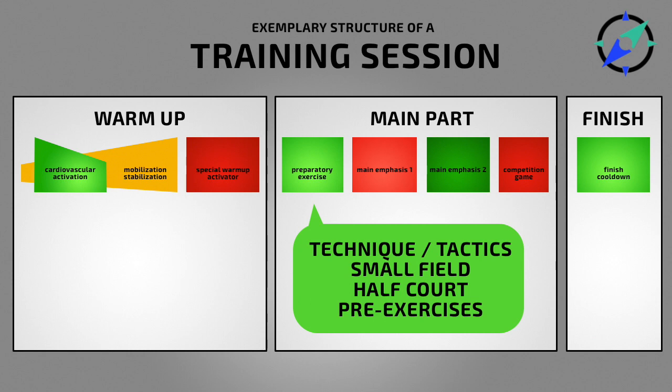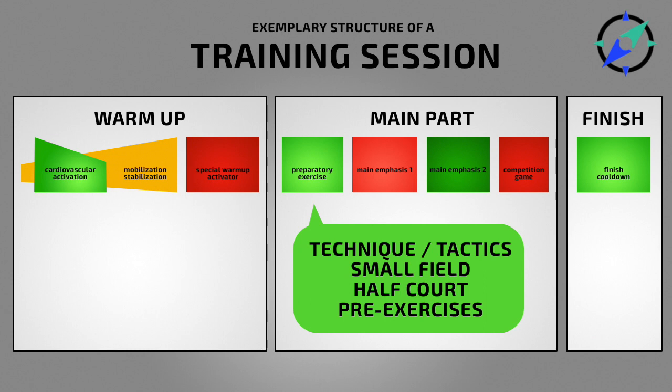It's supposed to symbolize that the intensity is changing, alternating all the time. But of course there can be more portions in this main part. I think 1 or 2 main emphases are really great for one training, depending how much time you got, but 3 will be too much to handle in one training session.